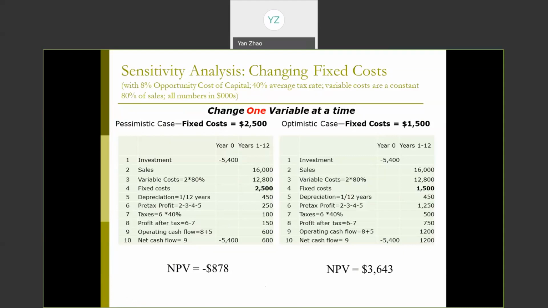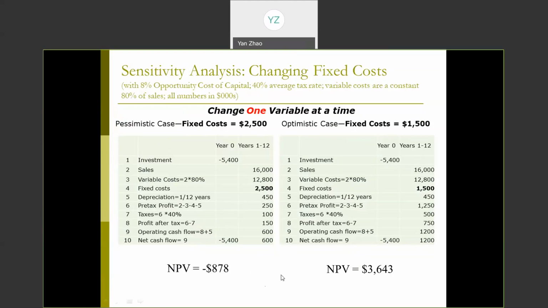Well, in reality, most of the time people will put a probability into the pessimistic and optimistic case. Like for example, if you think 80% of the chance you will end up with booming economy, the optimistic case. Only 20% of the chance you think the economy will slow down and we are in a pessimistic case.